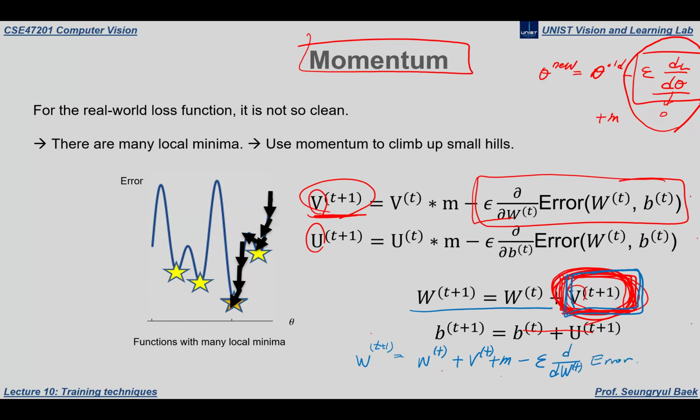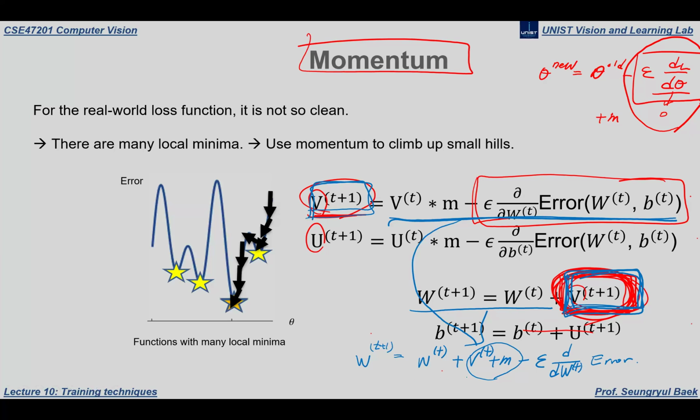So this is some momentum. Without having this V_{t+1} variable, without introducing it, we can directly write this term in this part. We can do that, right?